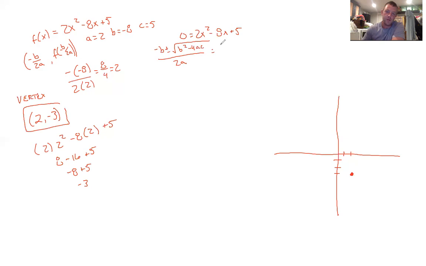Okay, so negative b is negative 8, so it's 8, plus or minus the square root 8 squared, negative 8 squared, minus 4 times 2 times 5, divided by 2 times a. All right, now I'm just going to solve it out. 8 plus or minus the square root of 64. That'd be 8. 8 times 5 is 40.